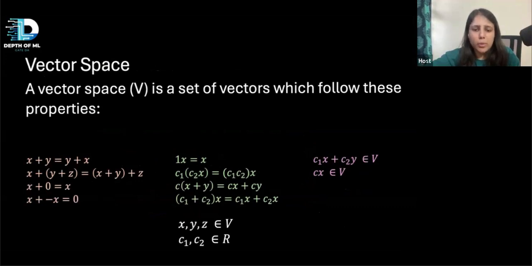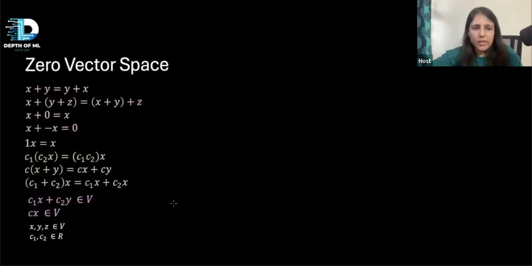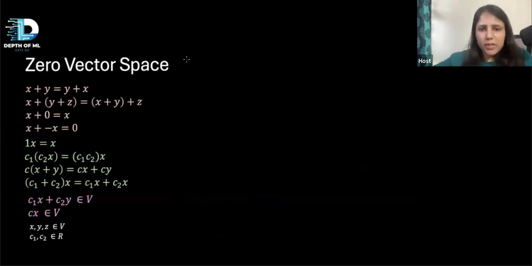But today I will talk about these properties in terms of the zero vector space, okay? So this is the zero vector space. Let's see if my zero vector space is actually a vector space. So what is the zero vector space? Z is equal to, so I only have a zero vector in it, right?